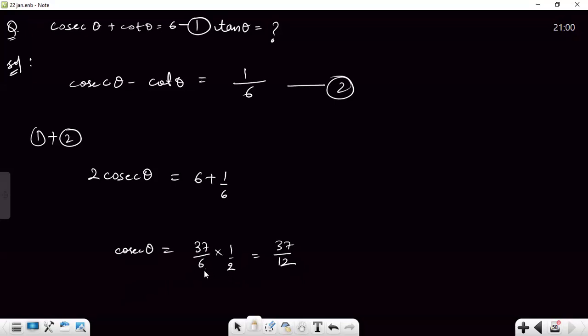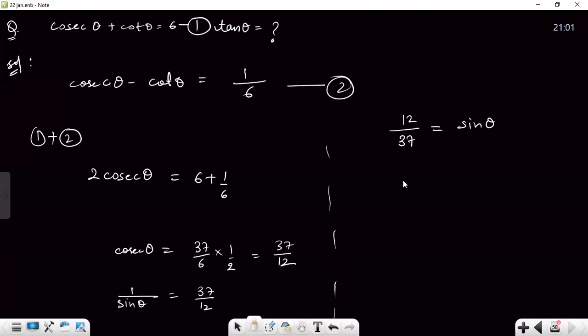We know cosec theta is 1 by sine theta. So let's write here 1 by sine theta. On cross multiplying, we'll get 12 upon 37 is equal to sine theta. That is the value of sine theta.